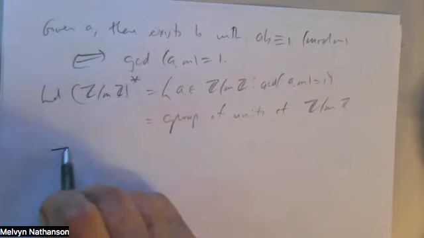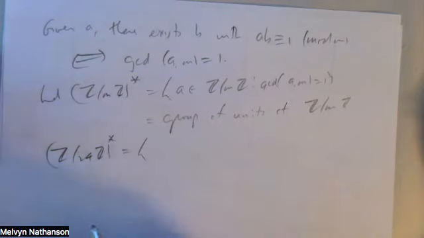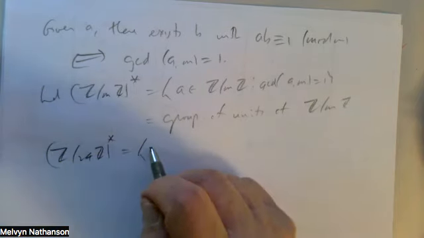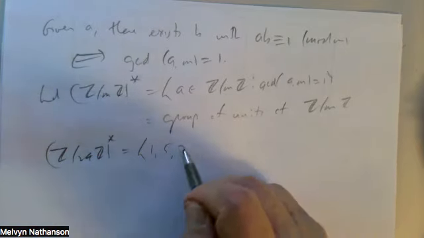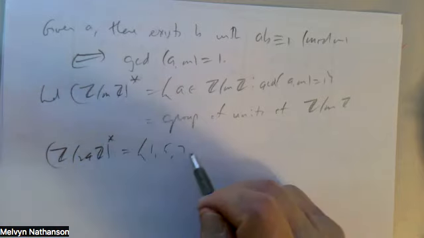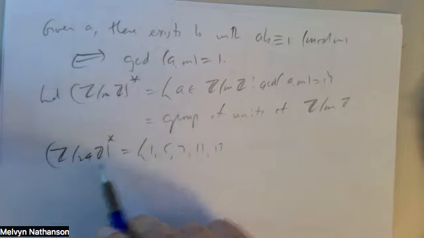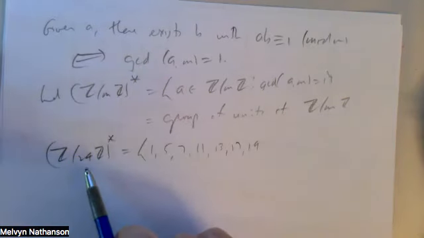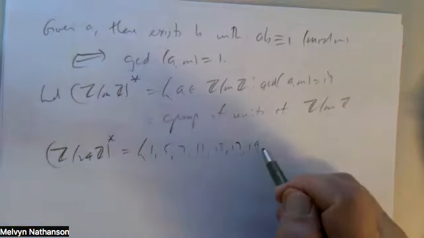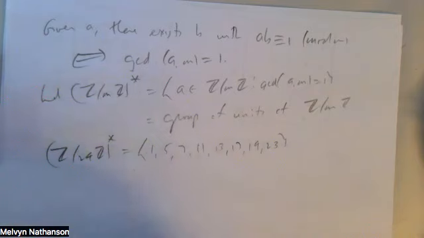So for example, what's Z mod 24Z star? This is all the numbers from 0 to 23 that are relatively prime to 24. So you have 1, not 2, 3, or 4, 5, not 6, 7, not 8, 9, 10, 11, not 12, but 13 and so on up to 23.